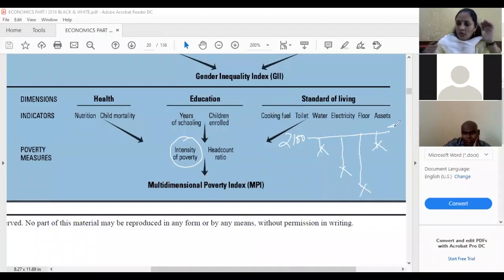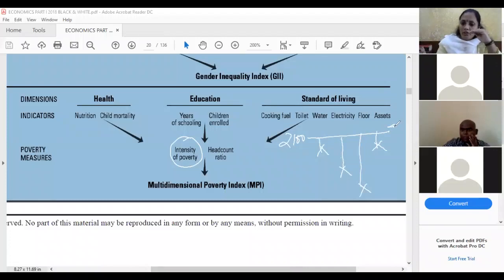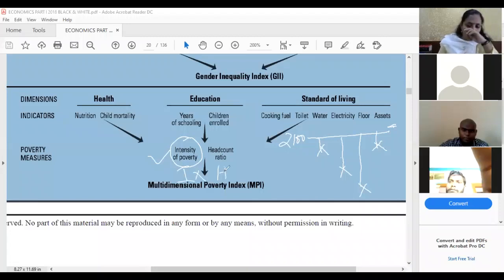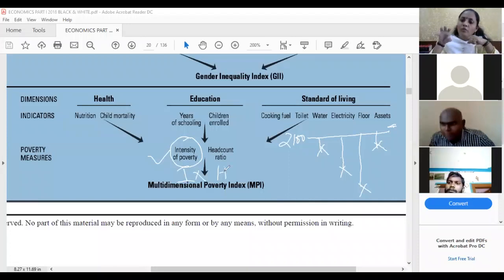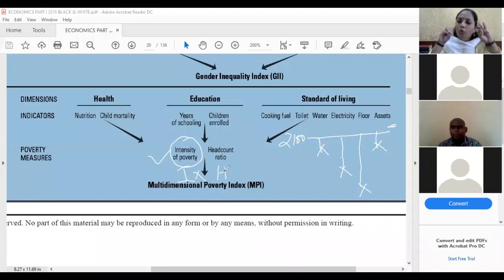You calculate the average of this intensity and present it as the intensity of the poverty. And how do you find the poverty index? You multiply the intensity and the head count, I into H. It is not enough to identify how many people are poorer, it is also important to understand how poor they are. So how many are poor multiplied by how poor they are gives you the multidimensional poverty index, which is the summary of all the 5 different indicators.